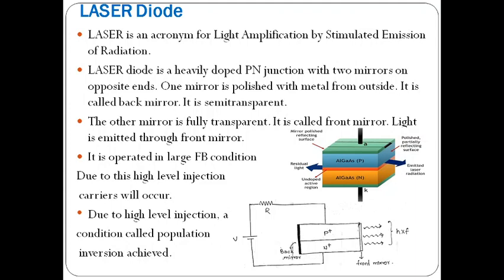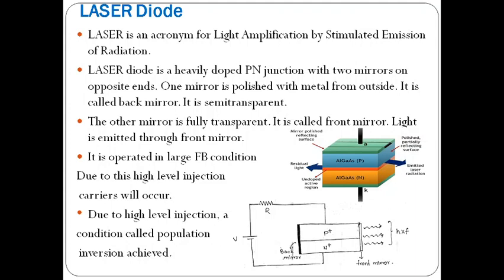Once the concentration of photons reaches above the threshold value, they escape from the mirror and become a monochromatic coherent light.